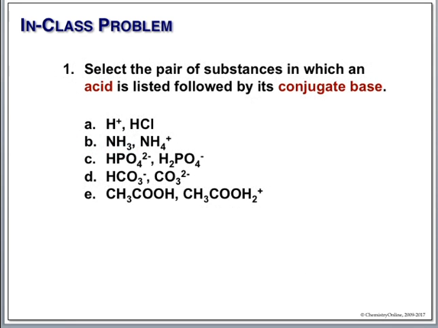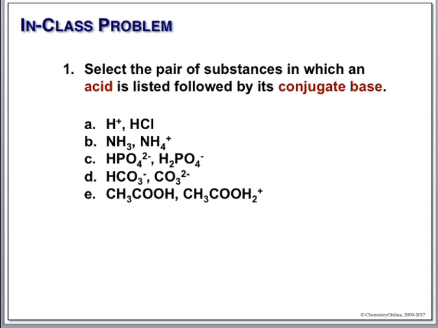All right, exam questions. I promised these were coming. These are actual archive exam questions. In which of these pairs is the acid followed by the conjugate base? Real exam question. Now remember, what happens to an acid?